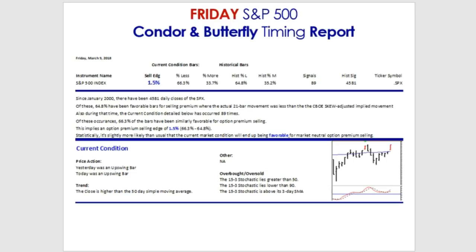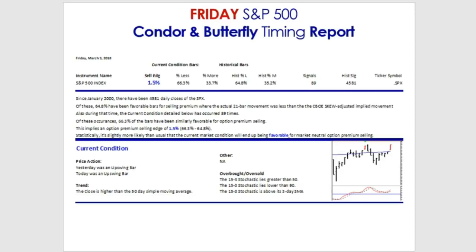We use the SIBO skew-adjusted VIX. So again, it's a favorable situation where the market moves less than what the options are implying, and that has occurred roughly 64.8% of the time that the S&P has traded since January of 2000. Now, also during that time, our current market condition has occurred 89 times.